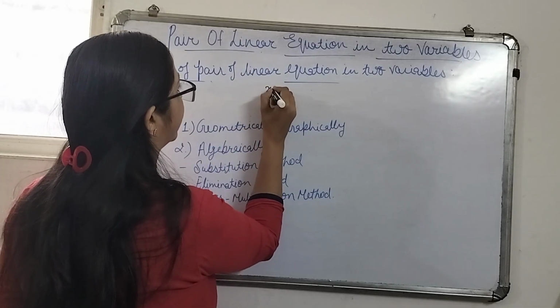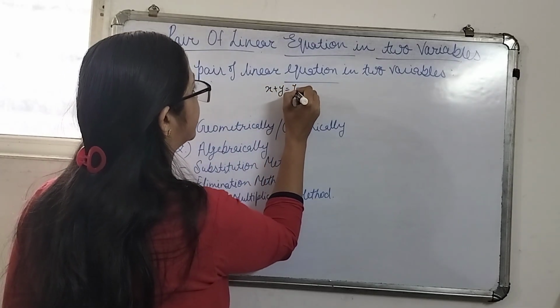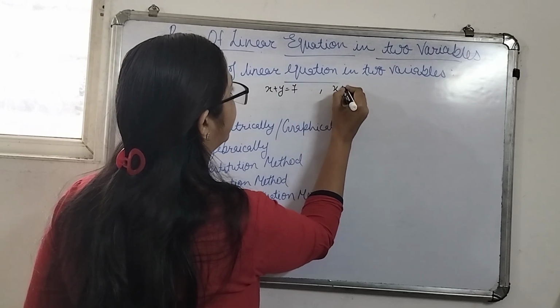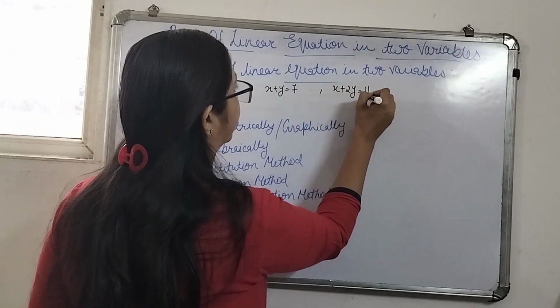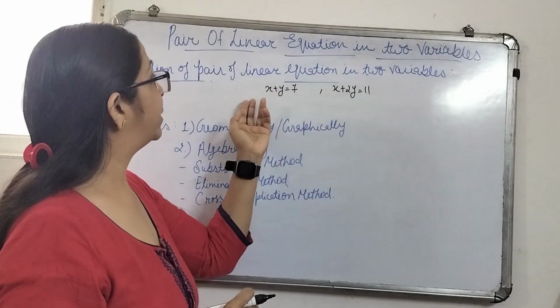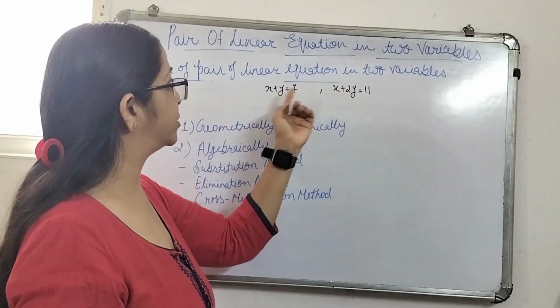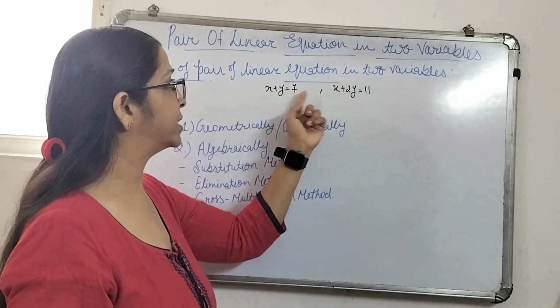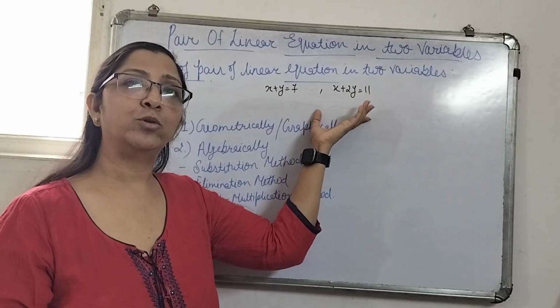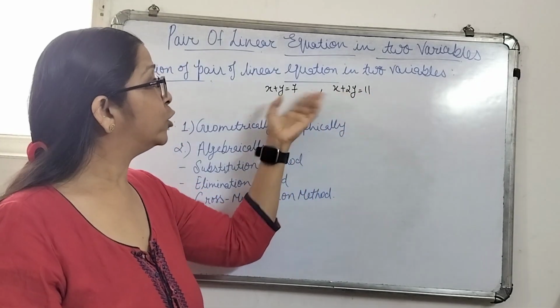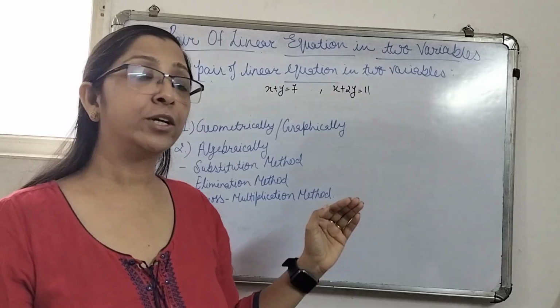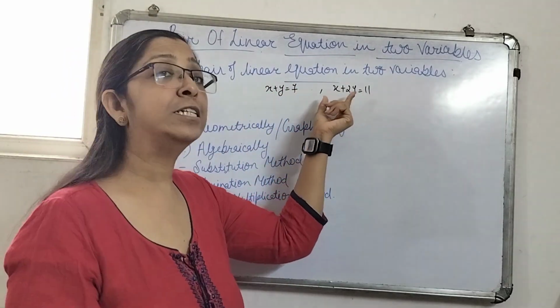Suppose I am saying x plus y is equivalent to 7 and x plus 2y is equivalent to 11. These two are pair of linear equations in two variables because in both the equations your variables are the same, that is x and y are the two variables for both equations. So the value of x and y for which both the equations will be true.